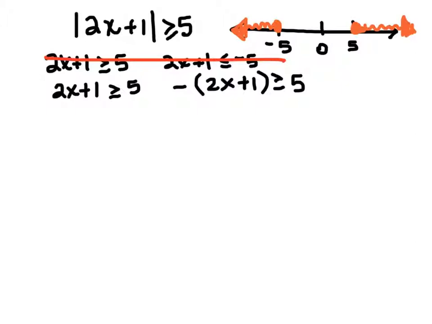Because what's going to happen now is I'm going to go ahead and subtract 1 and divide by 2. Over here, my first step is going to be to divide by negative 1 on both sides.